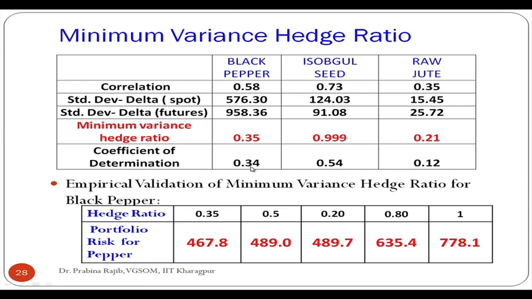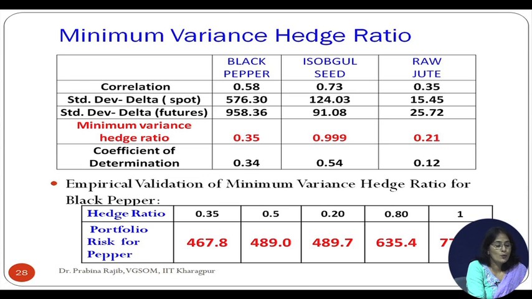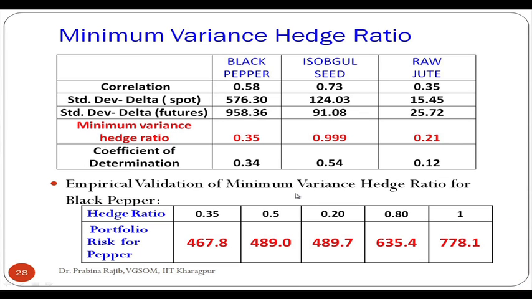Now I'll pose another interesting question to you. Is the minimum variance hedge ratio calculated by using the formula method or the regression method really the minimum variance hedge ratio? Can there be any other combination of spot and futures which will result in a lesser amount of portfolio risk?